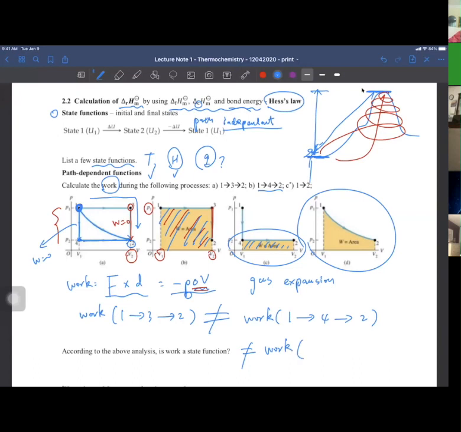So it is not a state function. So A, B, C, these three processes all have different work. No worry, we are going to continue to talk about how to calculate the work in the following few sections. Just to give you a sense first. Work is not a state function.